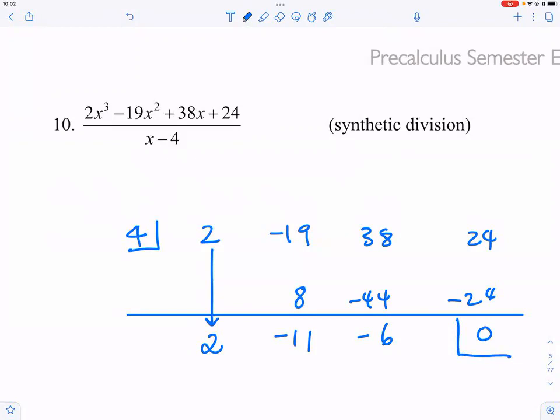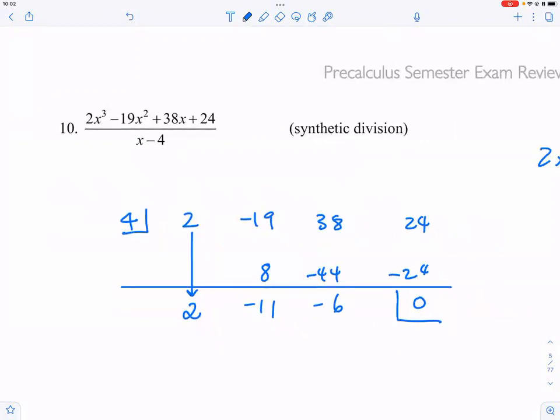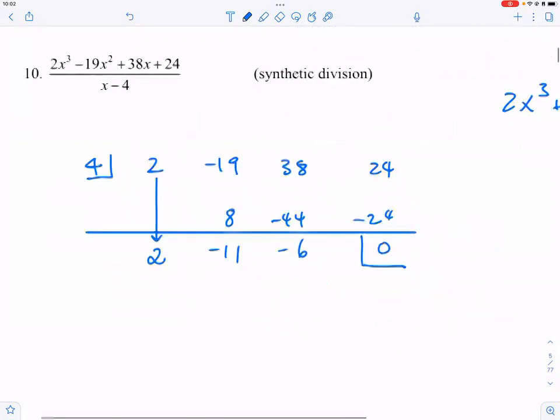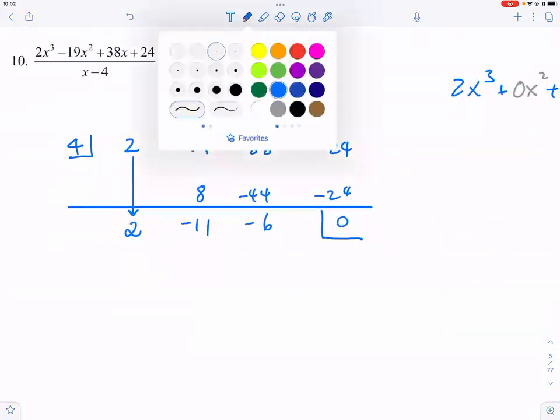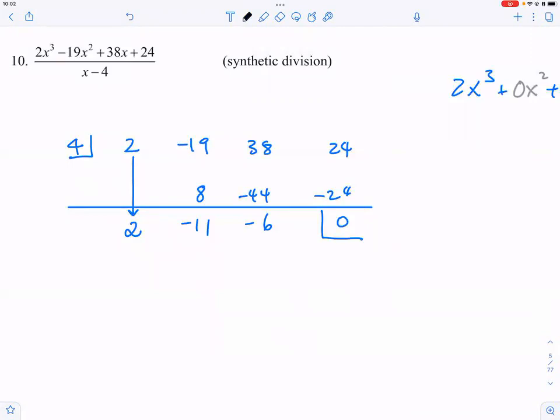Wow. This is wonderful because if the remainder is 0, it tells us a couple of things, actually. And I want to use this opportunity to elaborate on what the 0 remainder reveals or implies. It implies that x minus 4 is a factor of the 2x cubed minus 19x squared plus 38x plus 24.